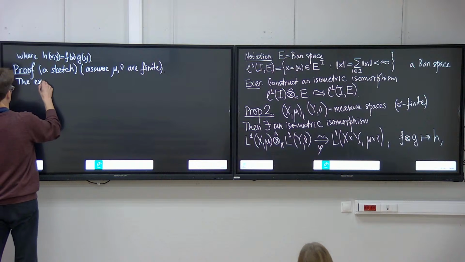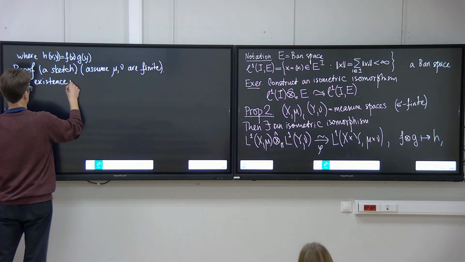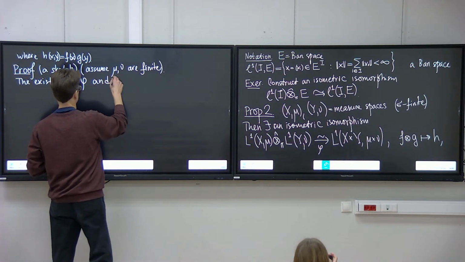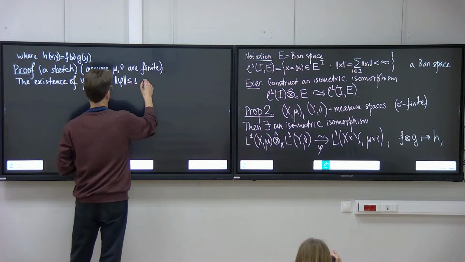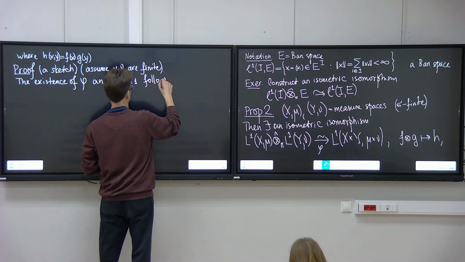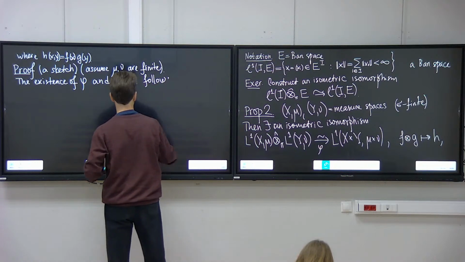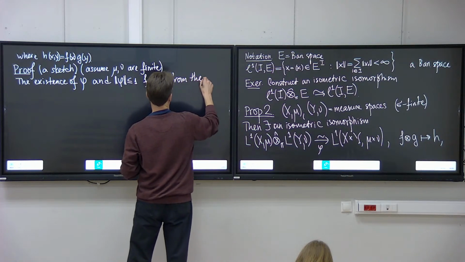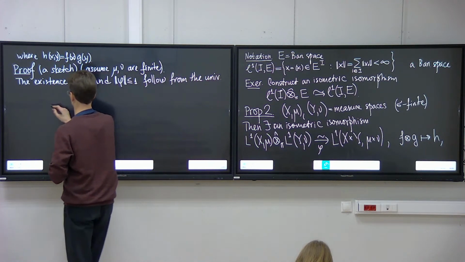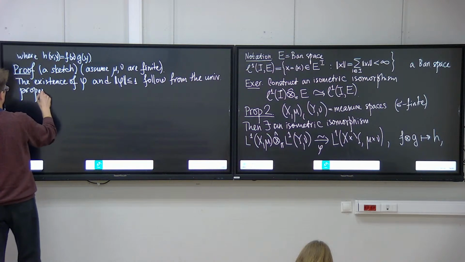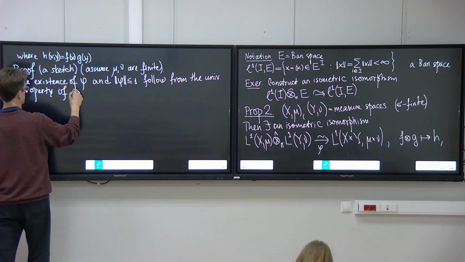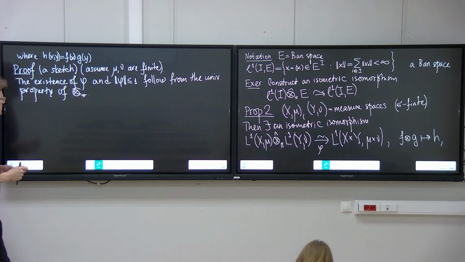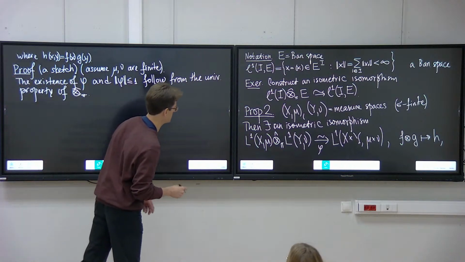The existence of phi given by this formula and the inequality that the norm of phi is less than or equal to 1 follows from the universal property of the projective tensor product, which lets us always simply linearize a suitable bilinear map. And that's it. So now I want to show that phi is actually an isometric isomorphism.